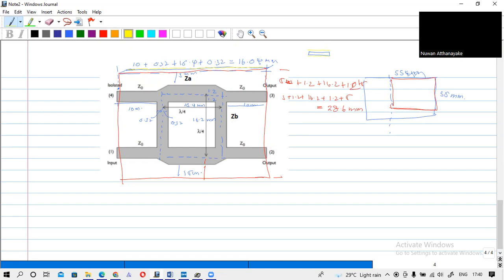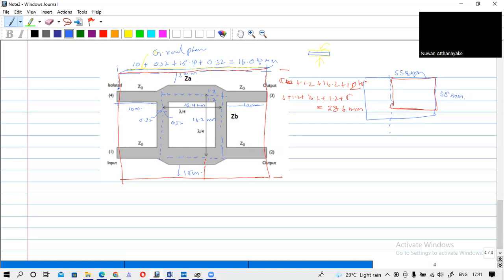Now we are going to do the design on this side, and this side will be a ground plane. I have already told that for designing, we do not need to take the copper thickness into account.